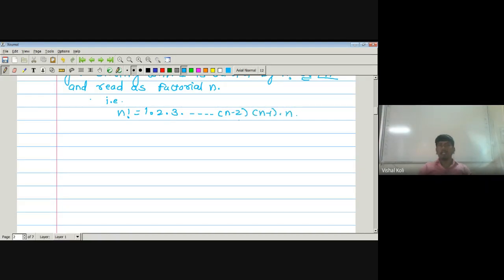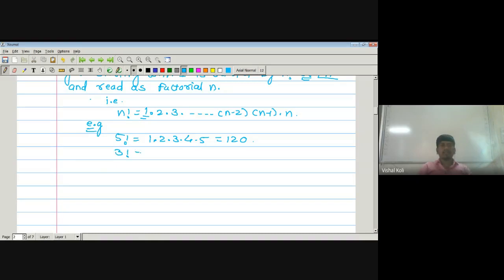So these are the n numbers and it is the product of n consecutive positive integers starting with 1. So this one is factorial n. For example, 5 factorial is 1 into 2 into 3 into 4 into 5, and its value is 1 into 2, 2; 2 into 3, 6; 6 into 4, 24; 24 into 5 equal to 120.